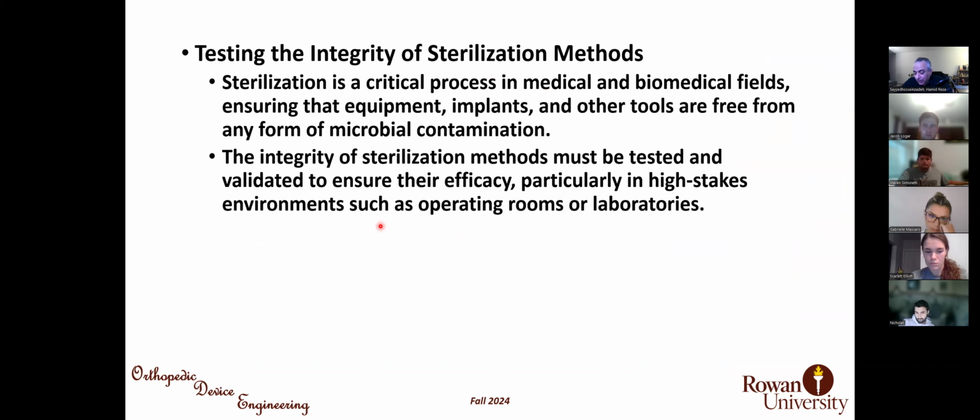When we use the sterilization techniques, we must be sure that they have killed the bacteria. Otherwise, we are using those items and we don't know that the bacteria and viruses are killed. So they will grow in the surgical field and they will cause infection.